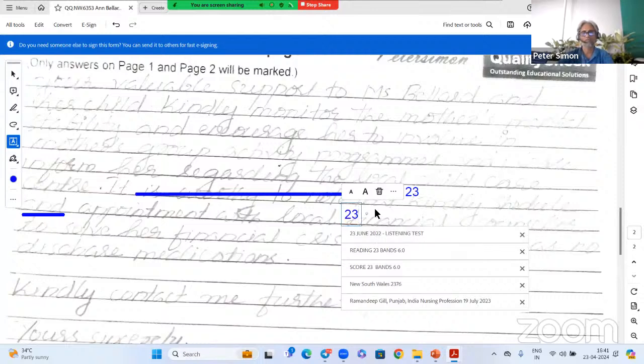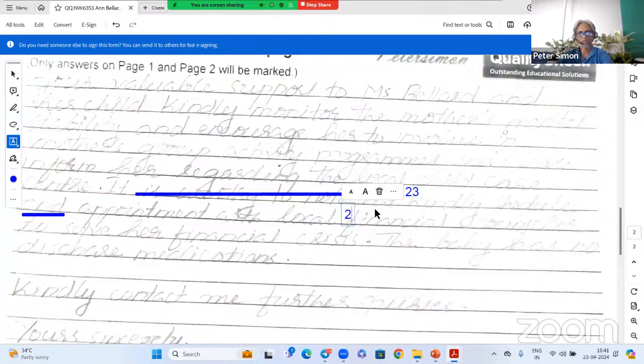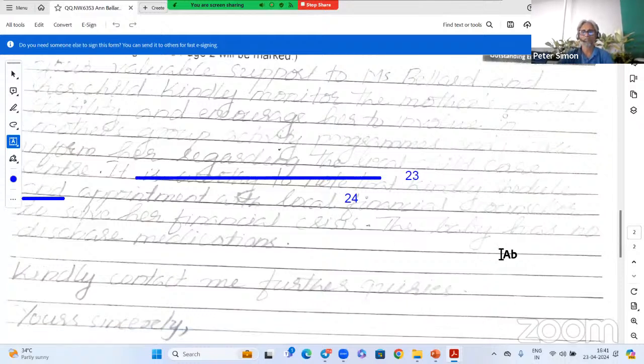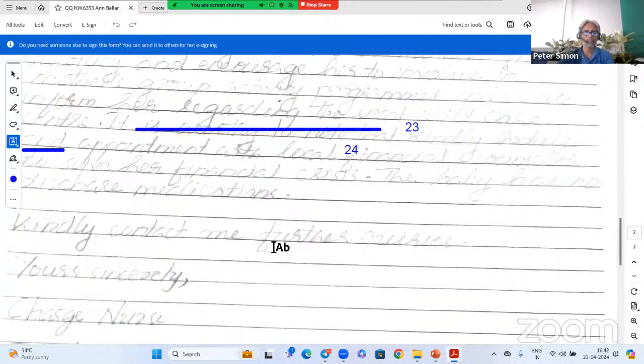Number 24. A local financial counselor. Okay. The baby has no discharge medications.